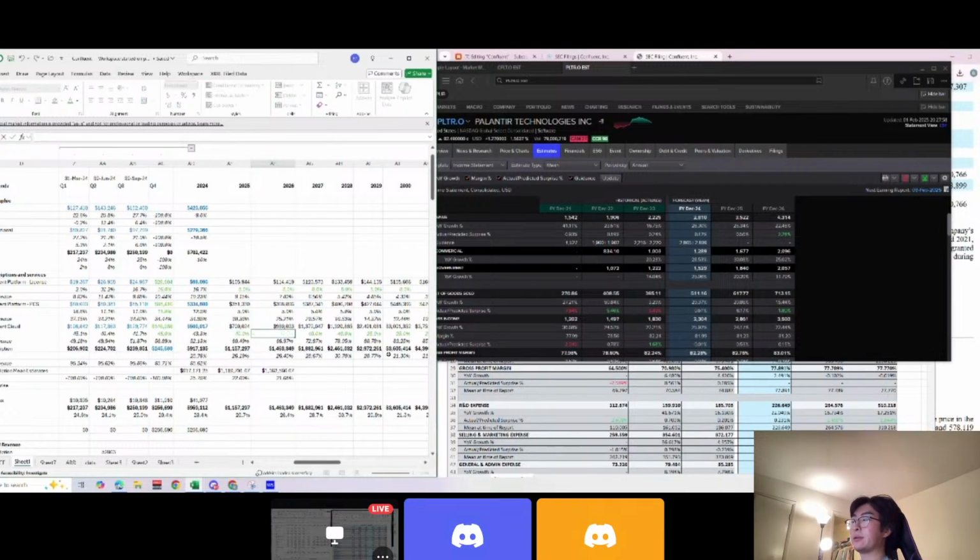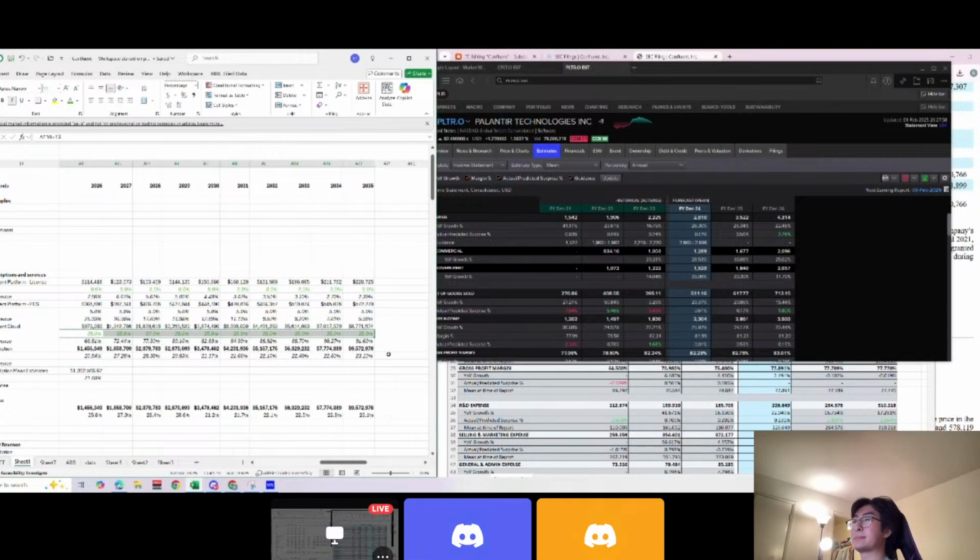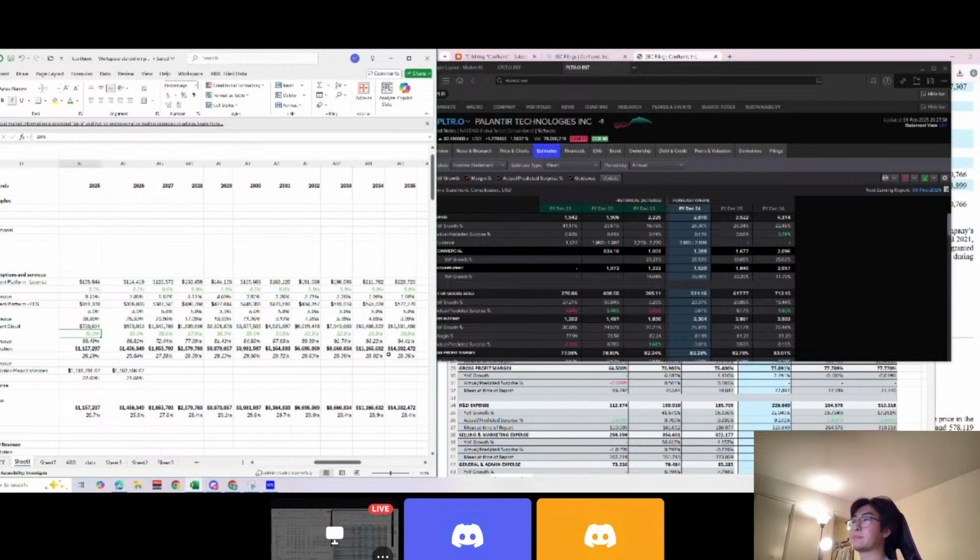$40 minus 1%. Can you grow at 31%, 30% for that long? I don't know, actually. That seems like a lot.